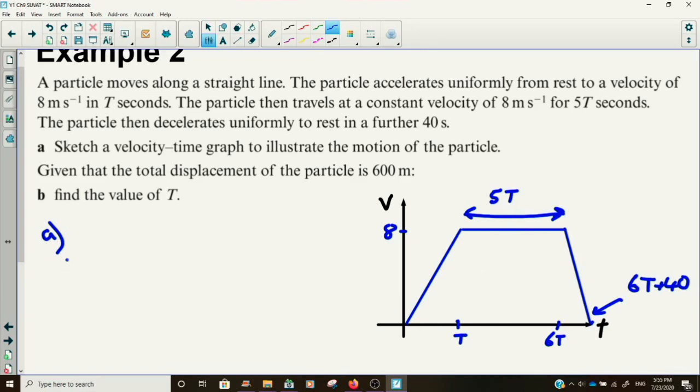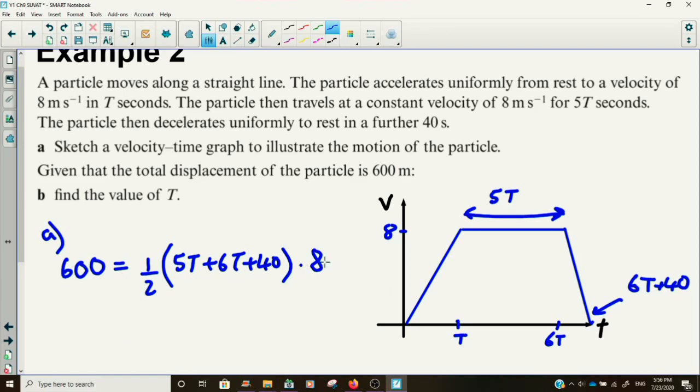So let's set our displacement equal to half the sum of the parallel sides times the distance between them.